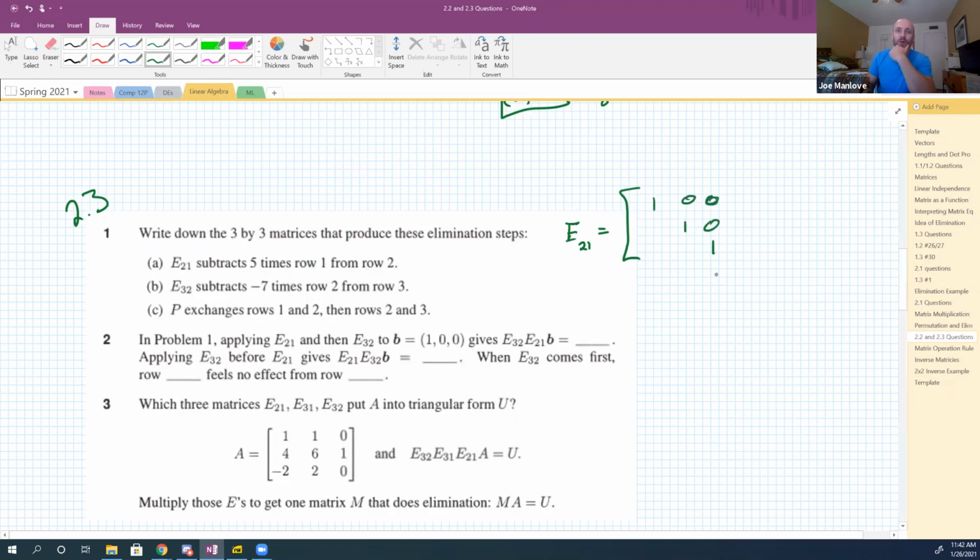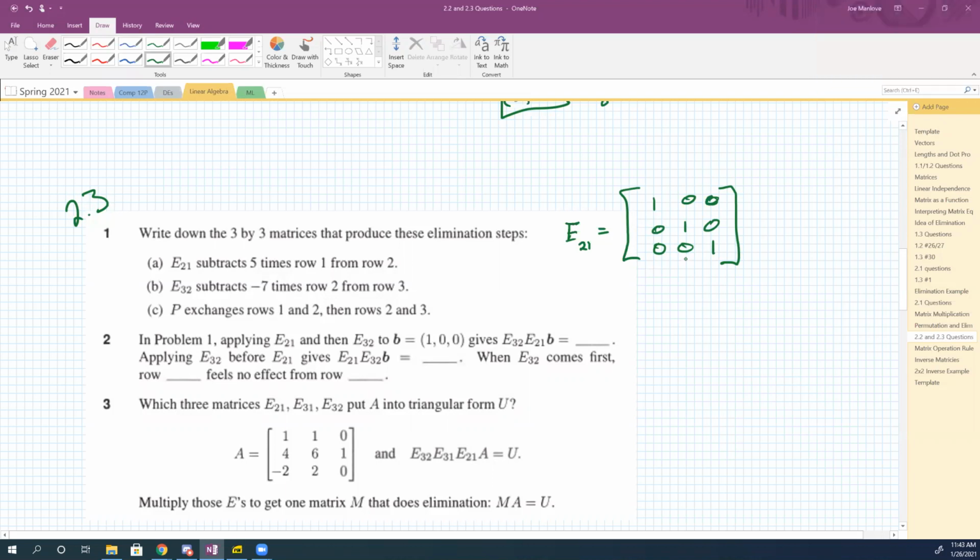Right? If I put 1s down the diagonal and 0s everywhere else, this matrix leaves everything alone. You guys all see that? Yes? Maybe? Yep. Okay. Does this matrix subtract 5 times row 1 from row 2?